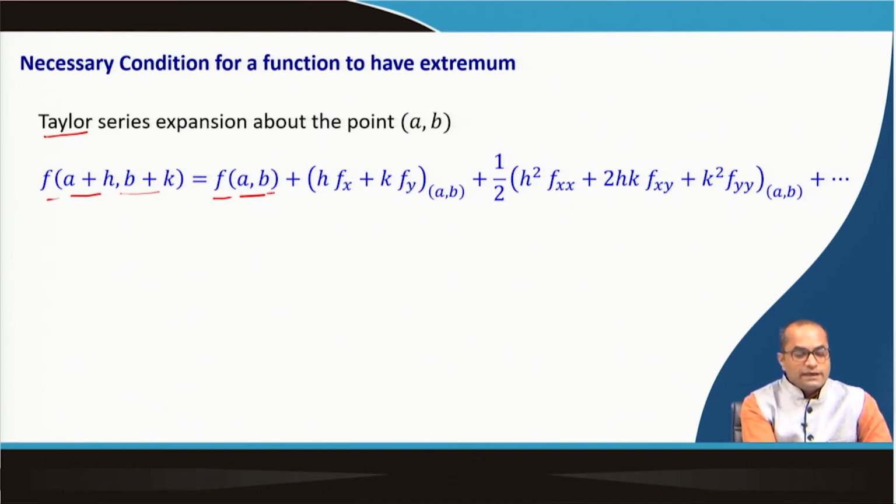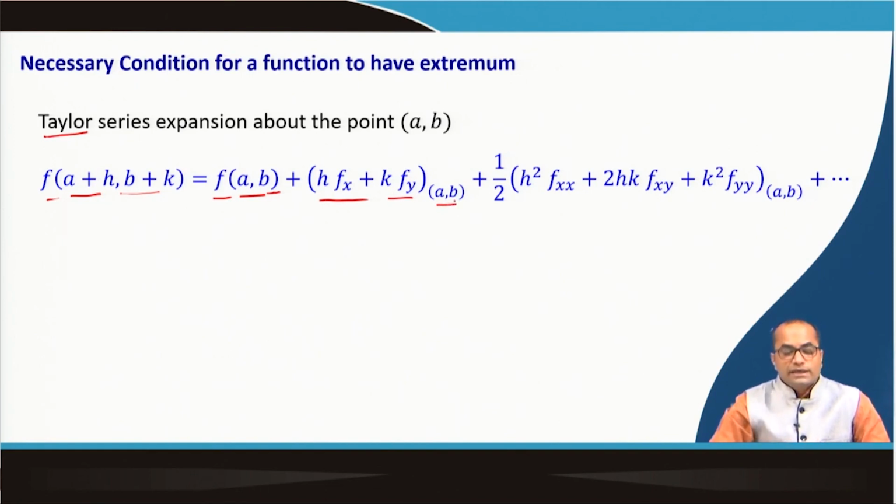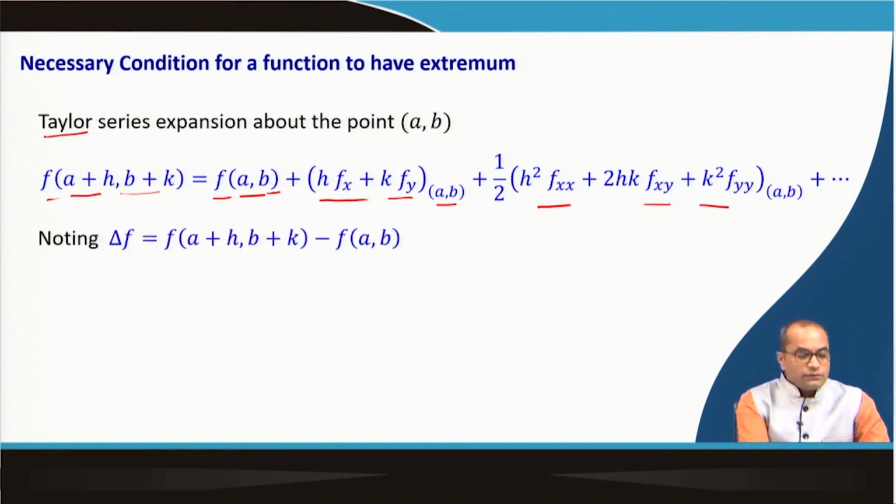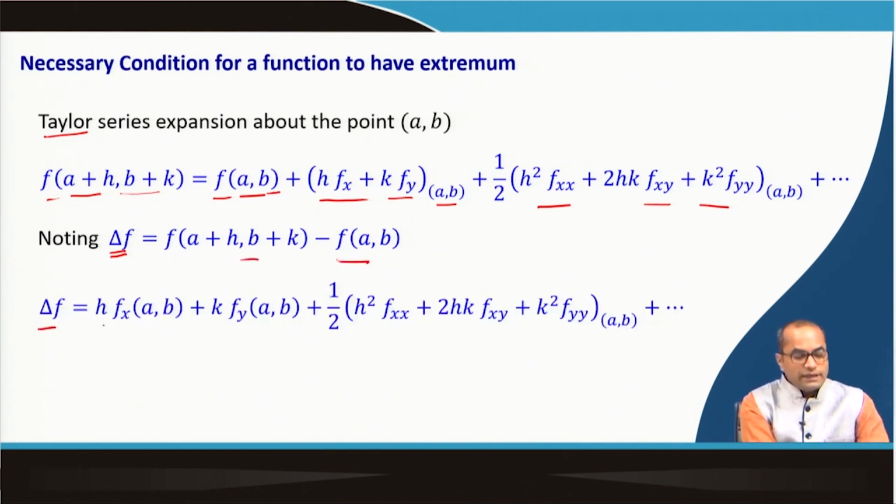So, this can be written as f(a, b) plus the first order terms, h f_x plus k f_y at the point (a, b), and then the higher order terms: h squared f_xx, 2hk the mixed derivative, plus k squared f_yy, and so on, more terms will come. Now, we denote this difference by delta f. So, delta f is equal to h f_x(a, b) plus k f_y(a, b), and these higher order terms.